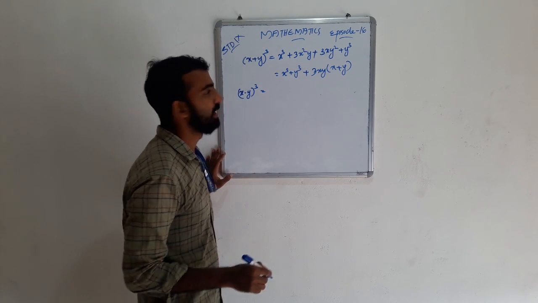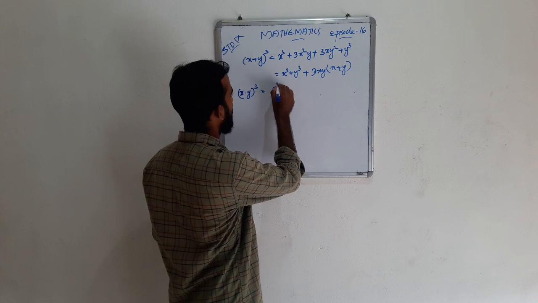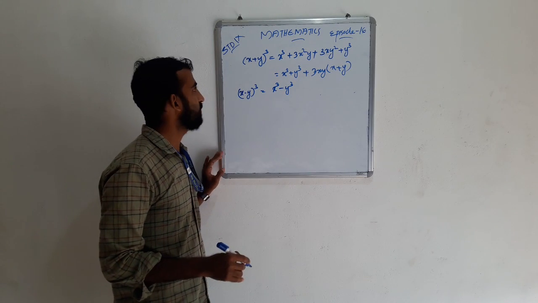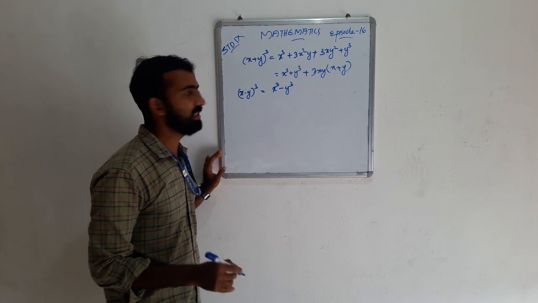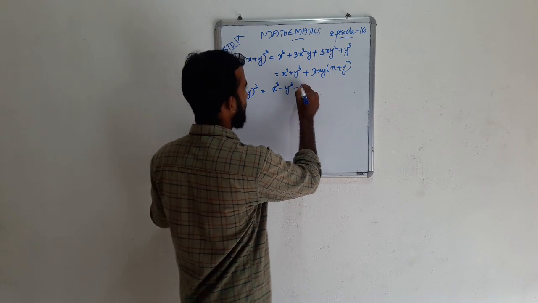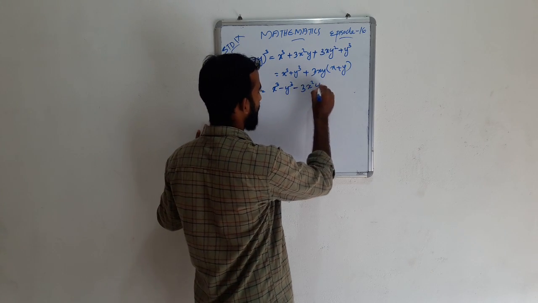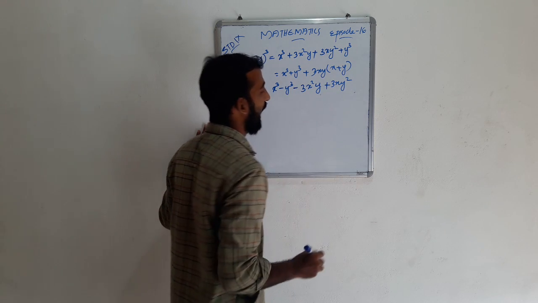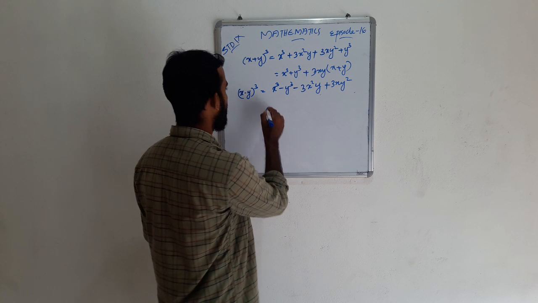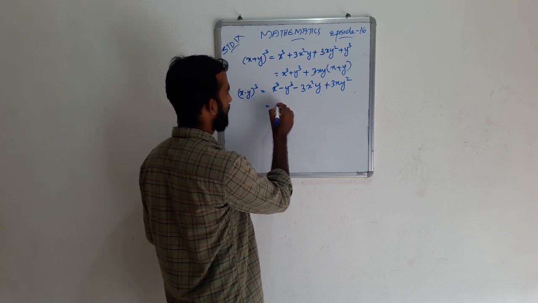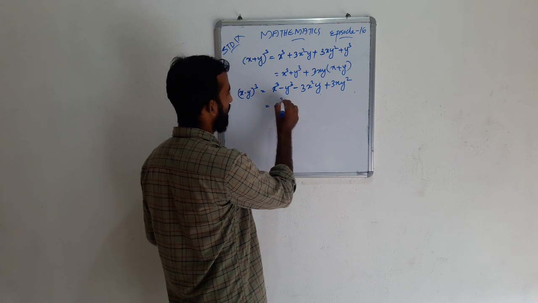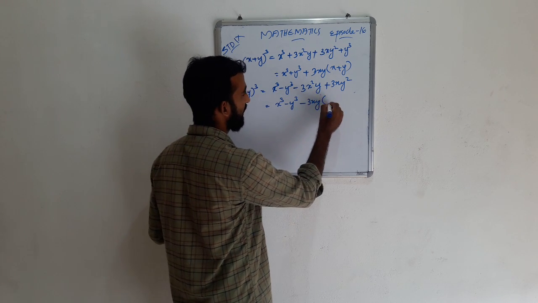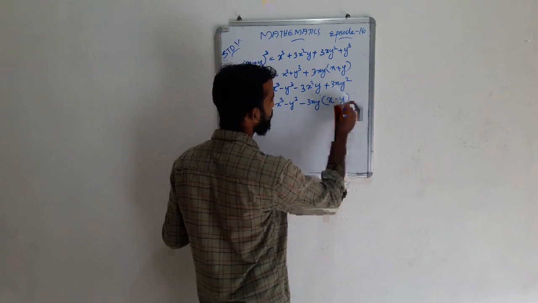That is x cube minus y cube, and next, minus 3x square y plus 3xy square. That means we can write x cube minus y cube minus 3xy into (x - y).